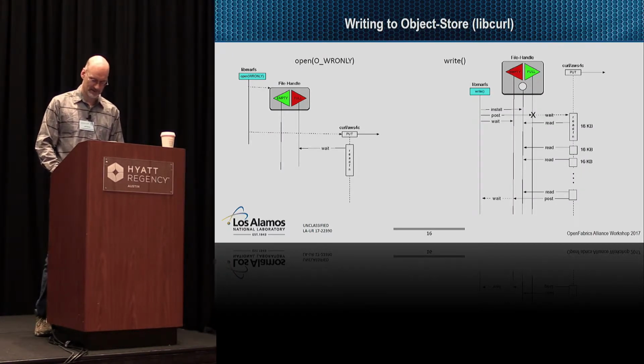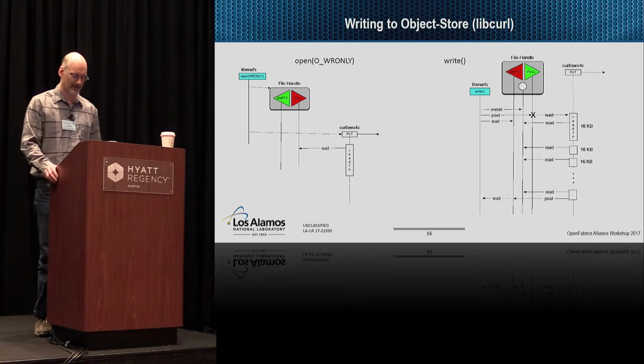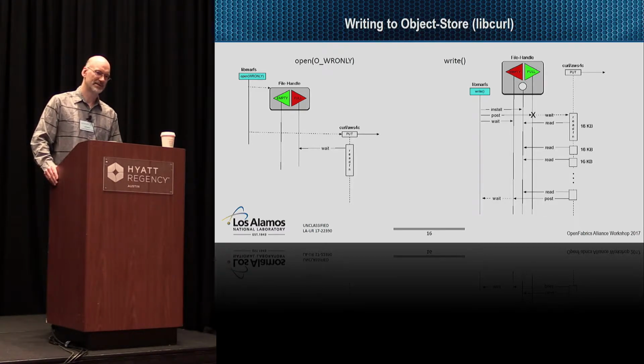And so here I'm showing how we wrap the get and put semantics of the object store inside a file, sort of a more familiar open, write, close type interface. So on the left you have an open, somebody calls MarFS open, one of our apps, and create a file handle with some locks in it, and start a put stream off to the object store.